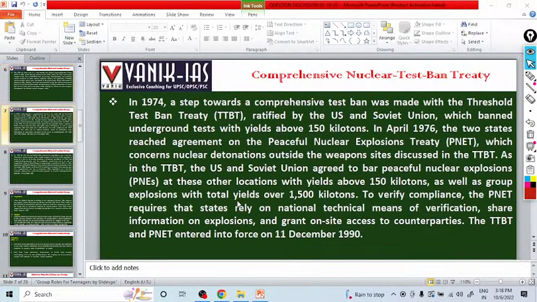In 1974, a step towards a comprehensive test ban was made with the Threshold Test Ban Treaty. After PTBT comes the TTBT, Threshold Test Ban Treaty, ratified by the US and Soviet Union, which bans underground tests with yield above 150 kilotons. Okay, first is PTBT.